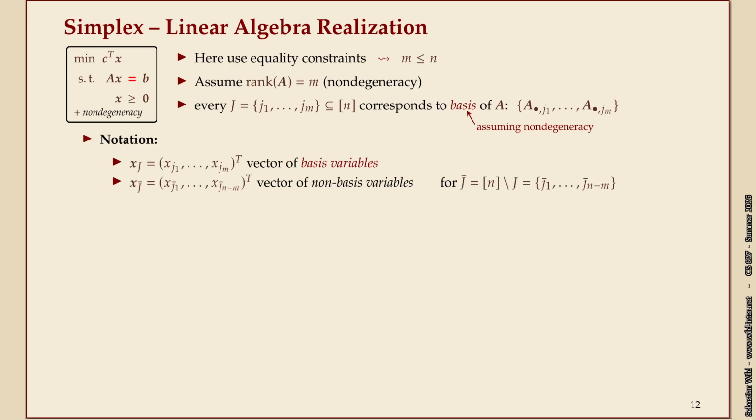Now, you can split up your variables. So again, remember, J is a collection of columns, maybe these four. And then you can identify the corresponding variables that would be put on those columns as xj. These are the basis variables, those that interact with these columns.